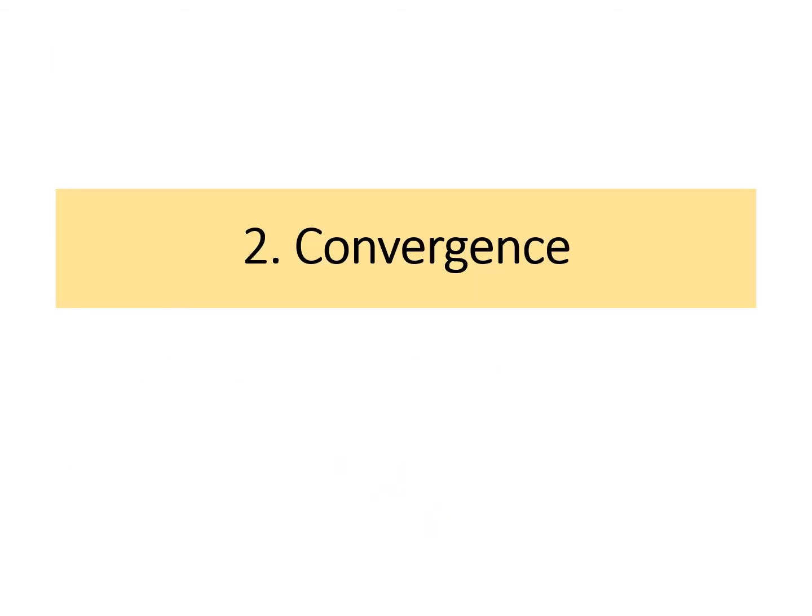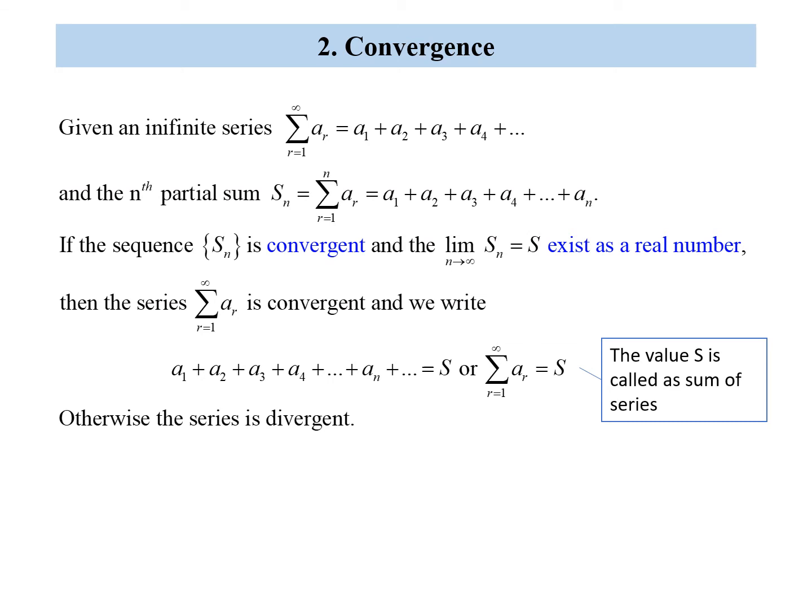Okay, now we proceed with another topic, which is convergence. Given an infinite series, where the series is given as the summation of a sub r, where r starts from 1 up to infinity, and the nth partial sum Sn is equal to the summation of the series from 1 to n.